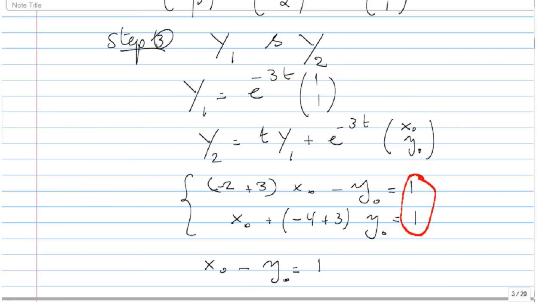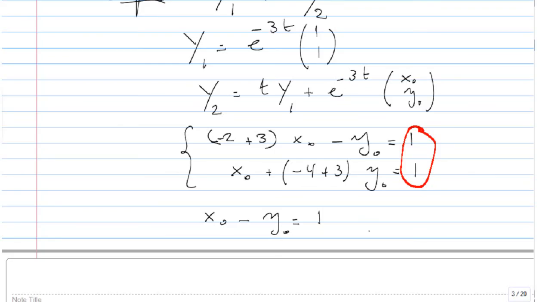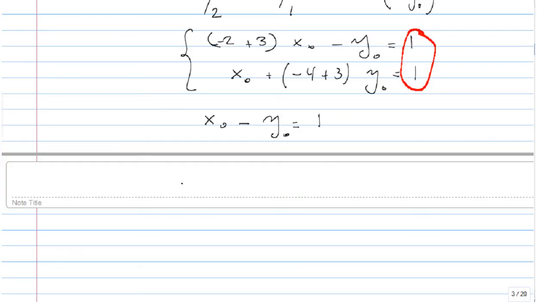Here we don't want to find all the x0, y0 that work. We will take y0 equals 0, which implies that x0 is equal to 1.